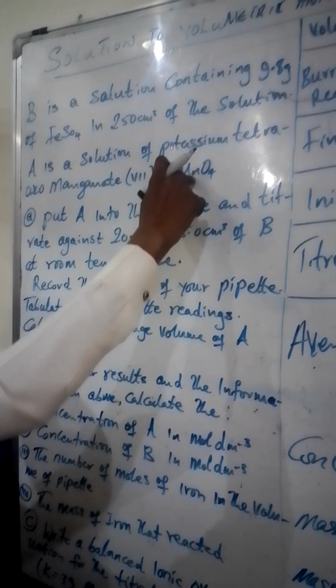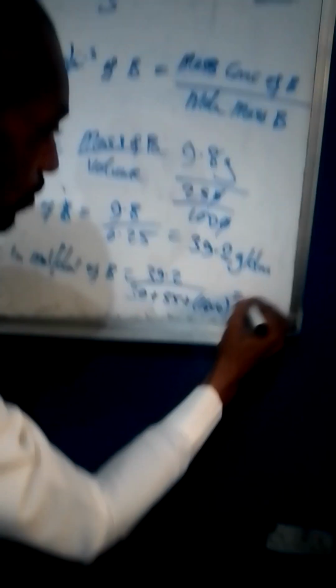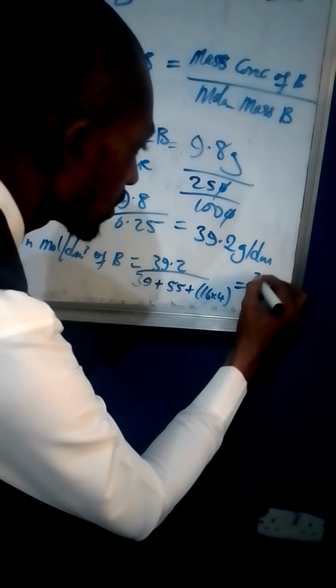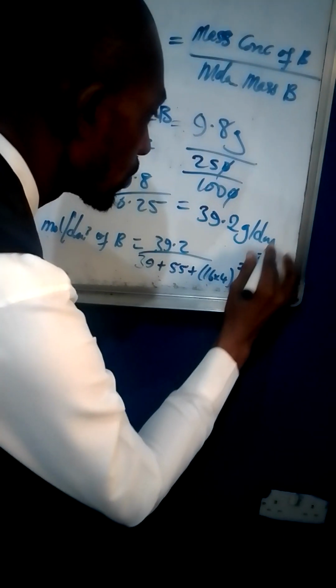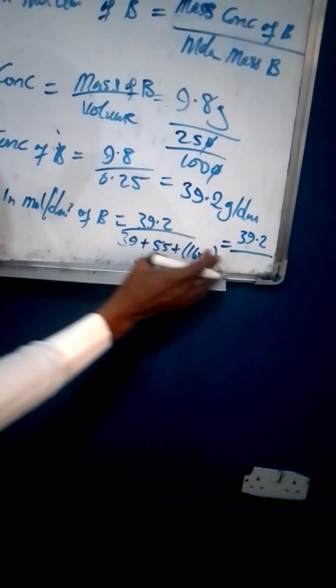Then if we add everything together, we get 39.2 divided by the sum of this.